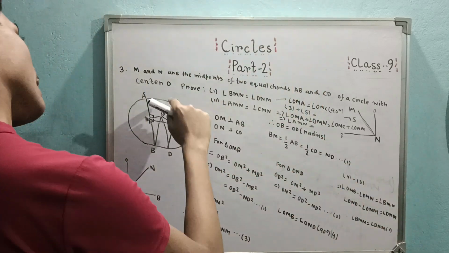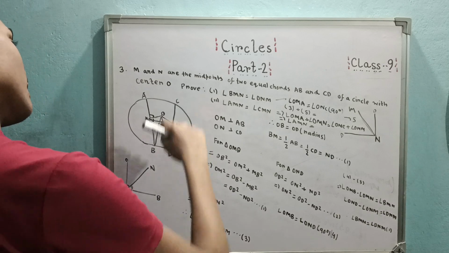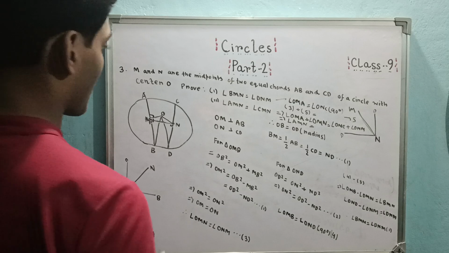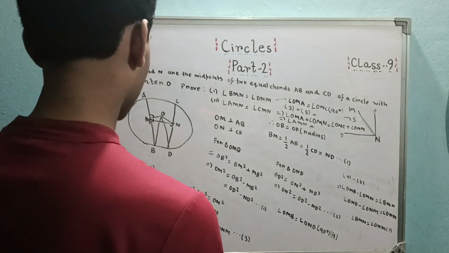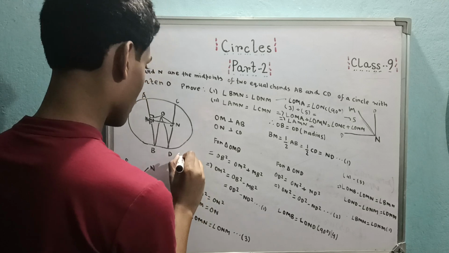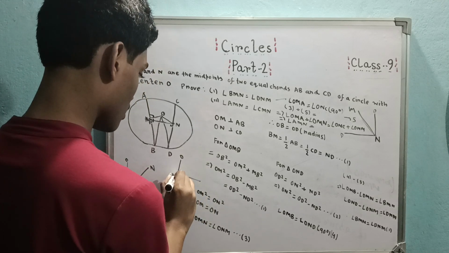Similarly, to angle ONC, if you add ONM, it will become what? CNM. See, it's angle ONC then. Writing in this way, it's ONC.